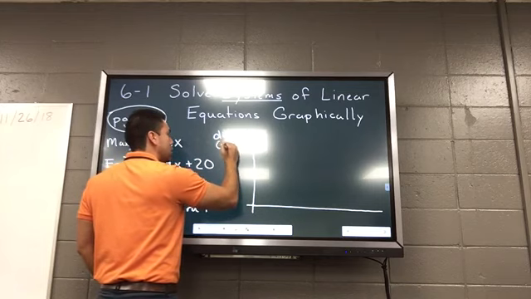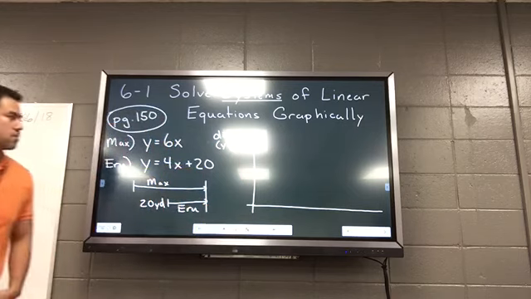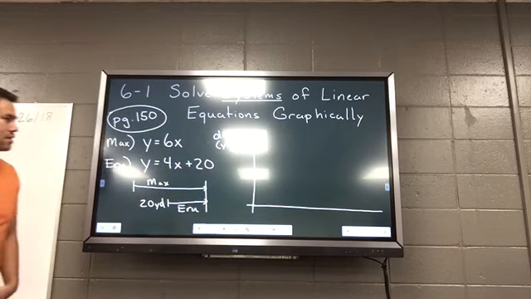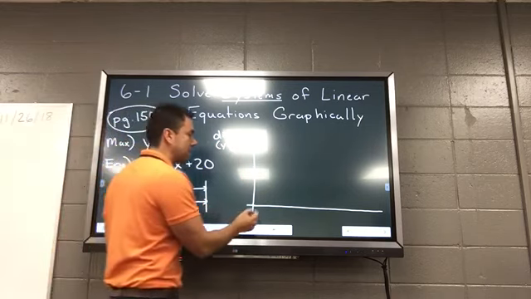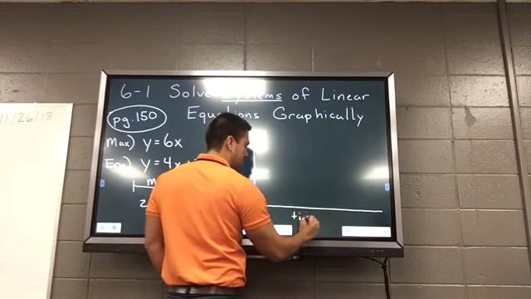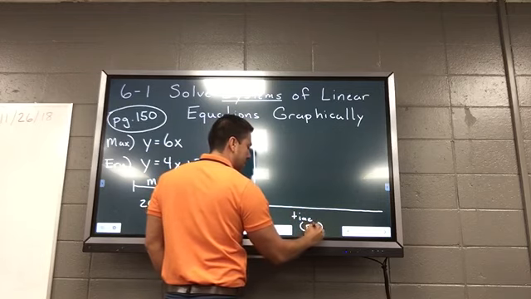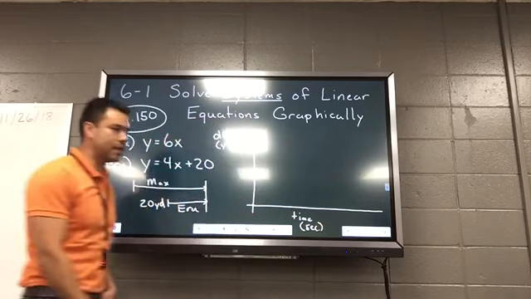And we're talking about yards. So we're talking distance in yards. Not miles, not feet, not inches, but yards. And then therefore what goes on the x-axis? Time. What kind of time? Seconds. We're not talking about minutes or hours or days.